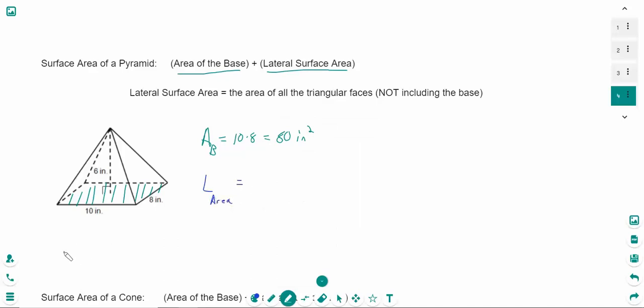The lateral surface area. Now, in order to find the lateral surface area, we need to find the area of one of these sides. And it's obviously a triangle. So think about what you need to find the area of a triangle. The area of a triangle is simply 1/2 times the base times the height, right?